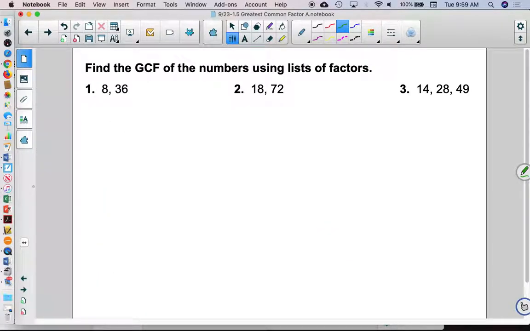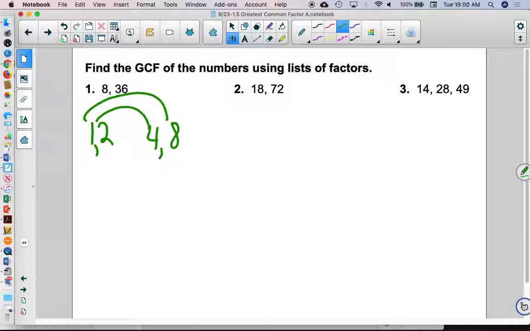Okay. List factors. Number 1, we're going to do it together. List the factors of 8. How many of you, when you were doing lists back when you were younger, would say, well, I got 1 and 8, and I got 2 and 4. And then you'd say, well, here's the pretty rainbow, right?